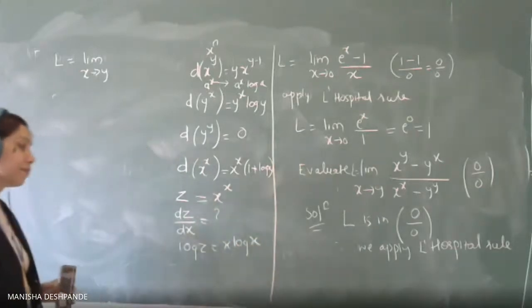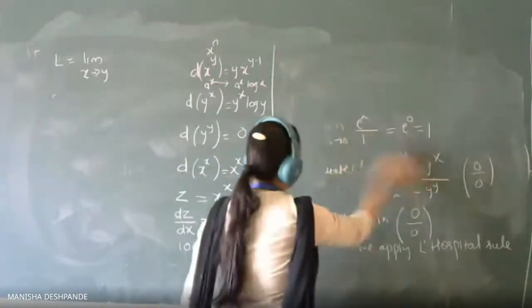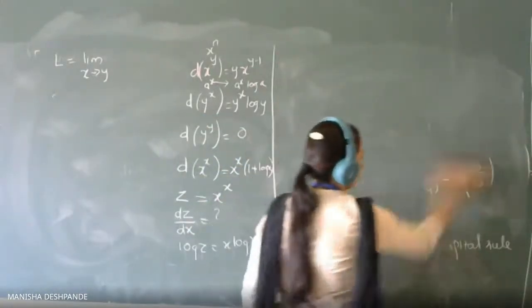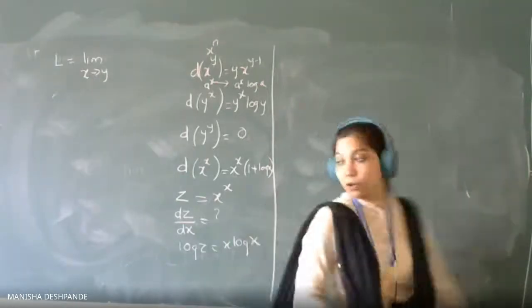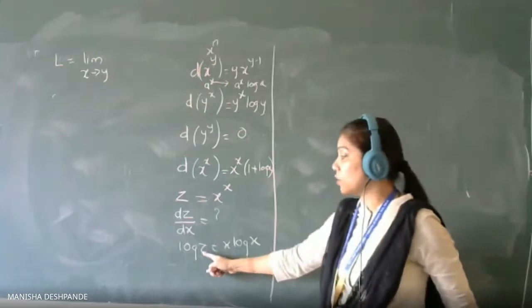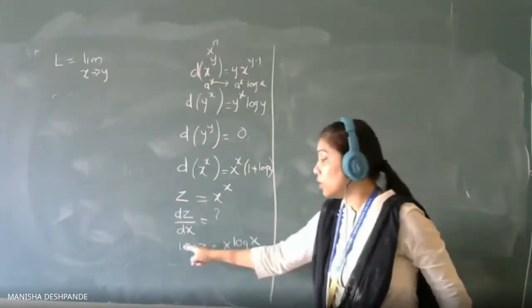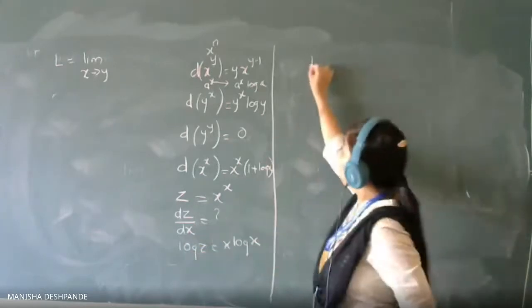Clear? x log of x. And therefore, you have to differentiate this side as well as this side because I want to find the derivative of z with respect to x. First, this is a composite function, log of z. So what's the derivative of log? Log derivative is 1 by z.